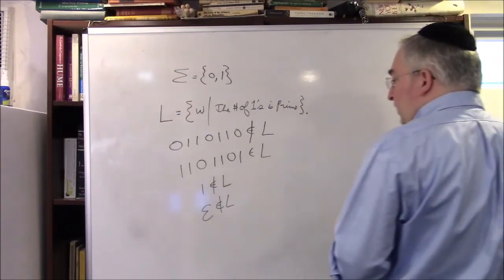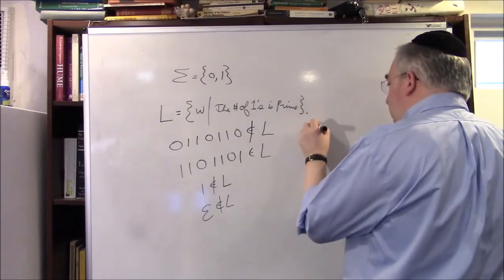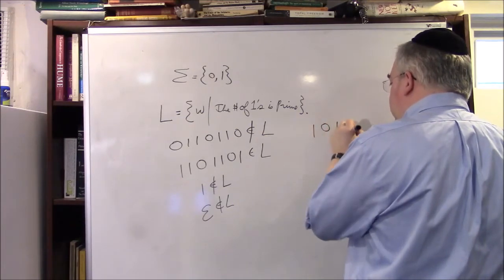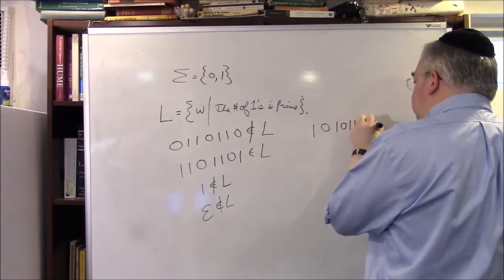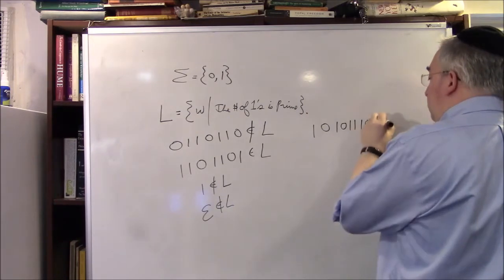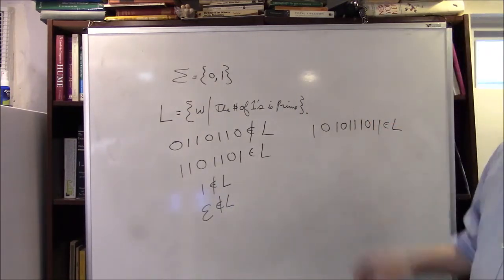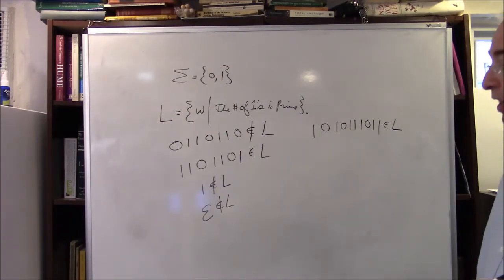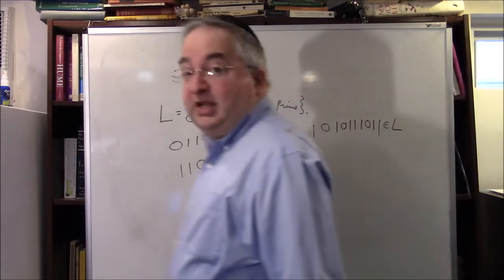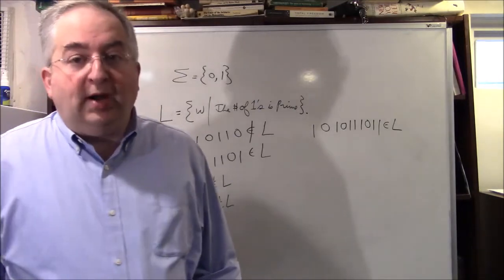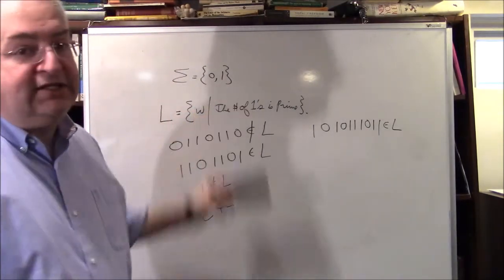1010111011 is a member of the language. It has 7 ones, therefore it's in the language. By the way, we could start asking, how would we write a program to determine what's in this language and what's not?